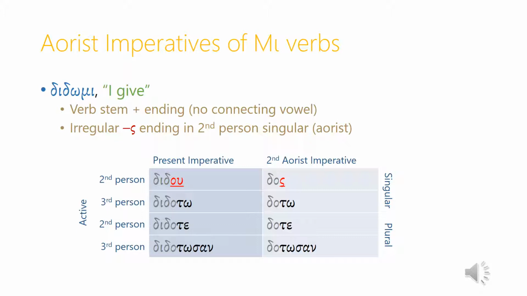And then the rest of the forms, again, are just the stem plus the regular ending, but now it's the aorist stem, or the real stem of didomi, that we use instead of the present stem. So instead of didoto, it's just doto. Instead of didote, it's just dote. And instead of didotosan, it's just dotosan.